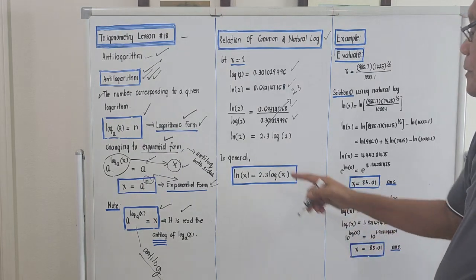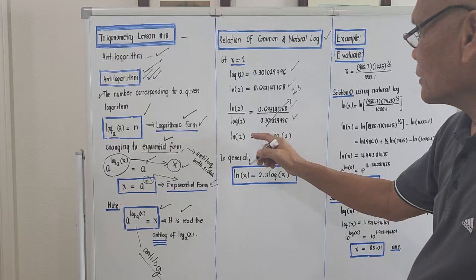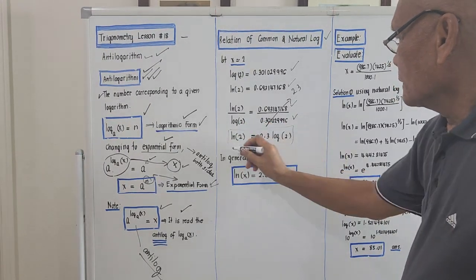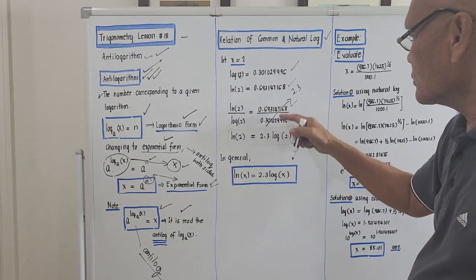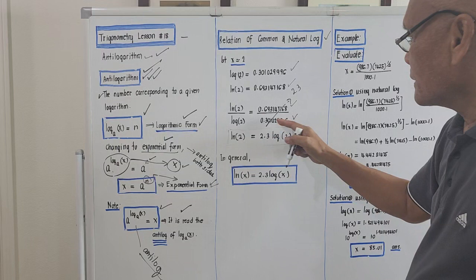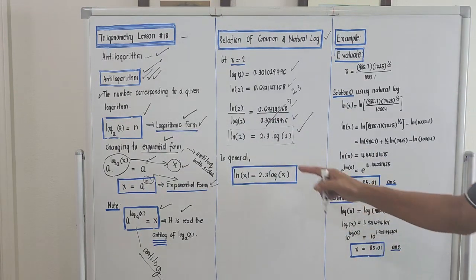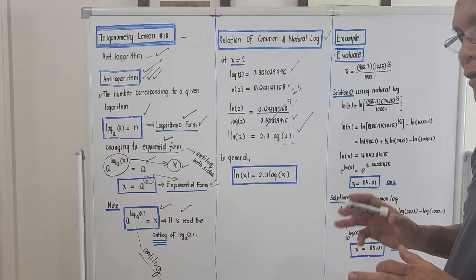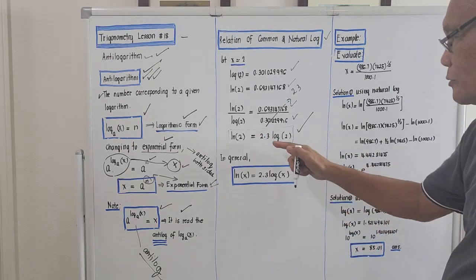So the natural logarithm of 2 will be equal to 2.3 times the common logarithm of 2. There is a factor 2.3 over here. Meaning to say, there is a relation between natural logarithm and common logarithm, and that factor is actually 2.3.